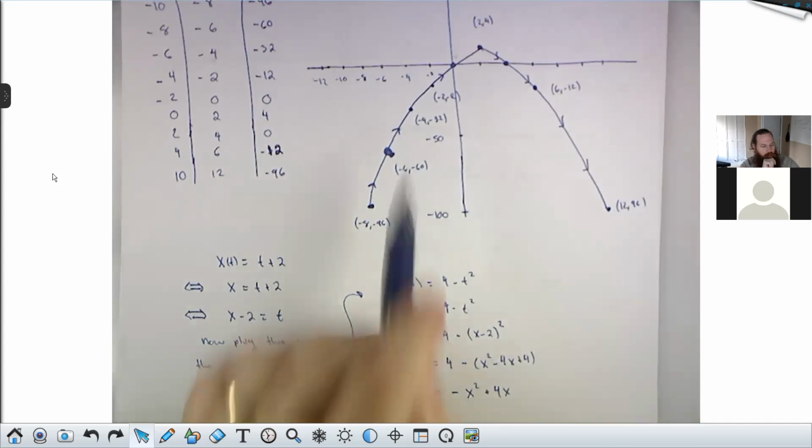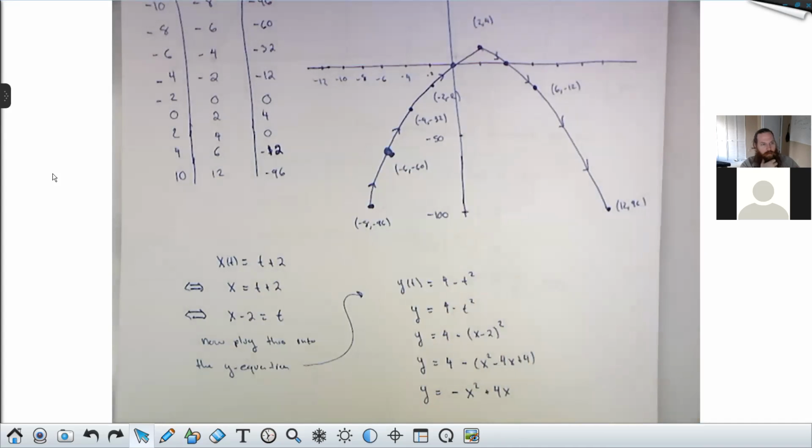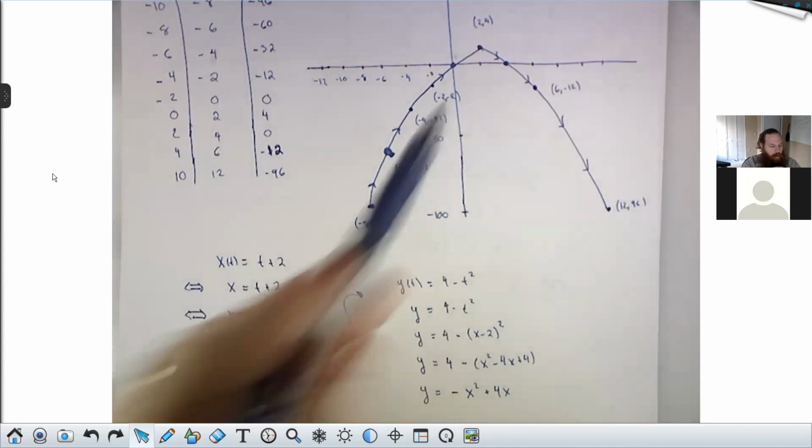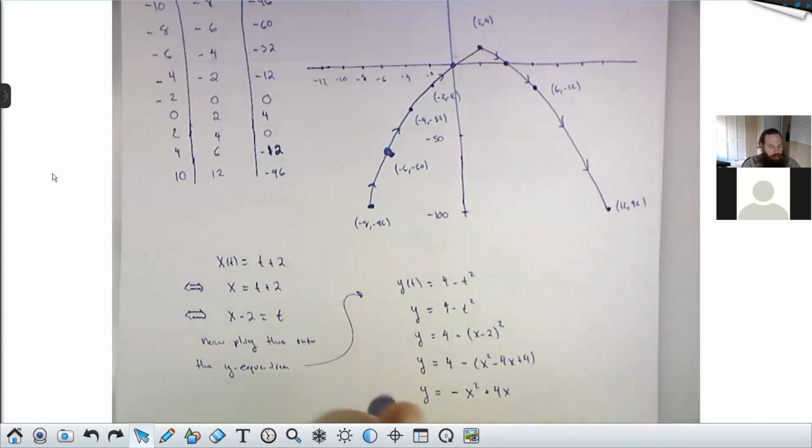Which again is the equation of this parabola. So if I didn't want to take the time to plot all these points and get my curve, I could have done this first. And that would have told me what my curve looked like. It would have told me that I'm on this parabola. And then I just have to figure out my initial point and my terminal point.